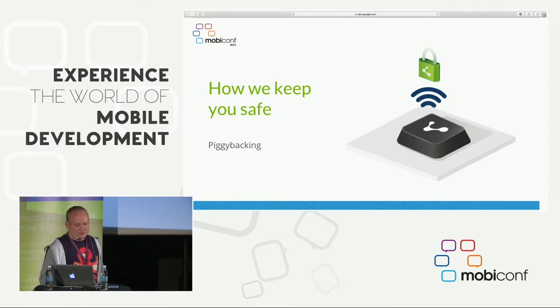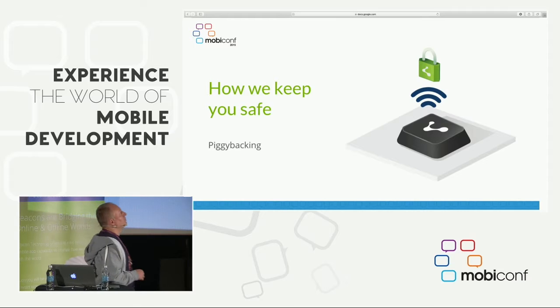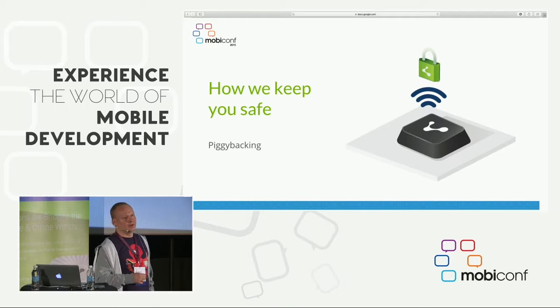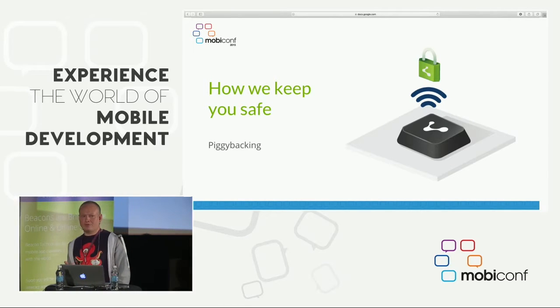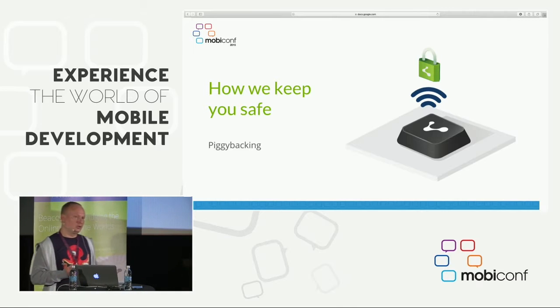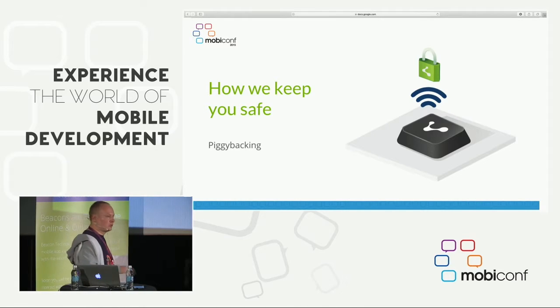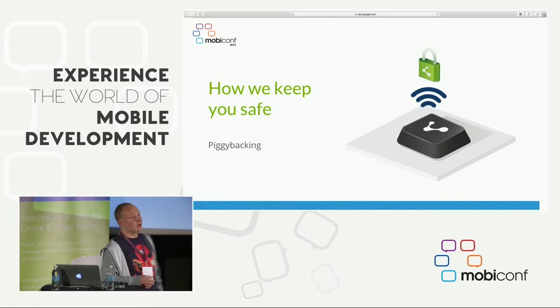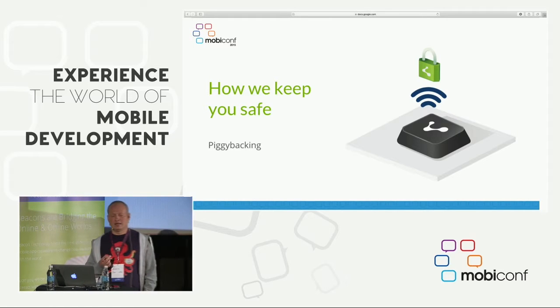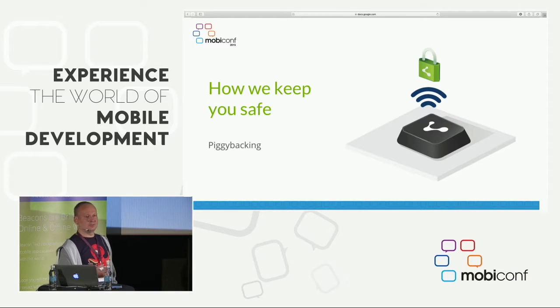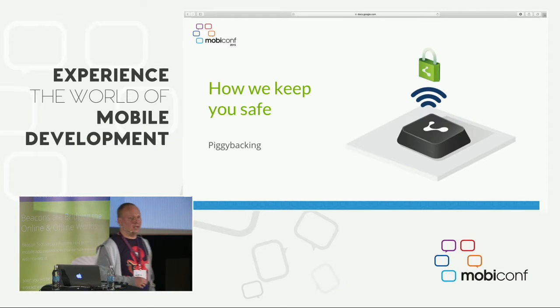The second thing we are protecting against is piggybacking. We are constantly shuffling majors and minors. Two of those three values which are broadcasted in the iBeacon profile, we are shuffling. How are they shuffled? We do not disclose. If you want to unshuffle the beacon to get the real major and minor, you have to ask our API.